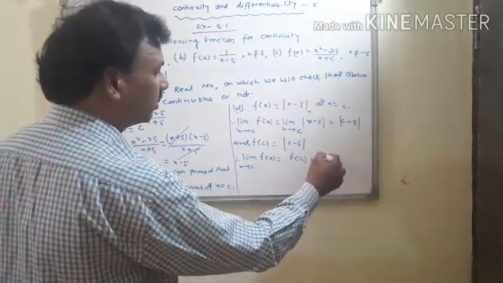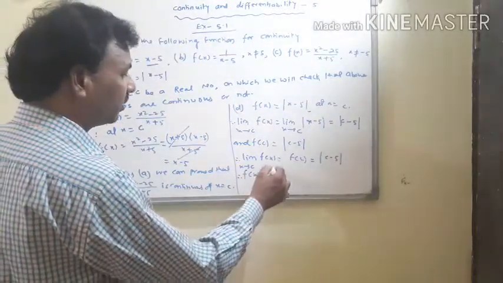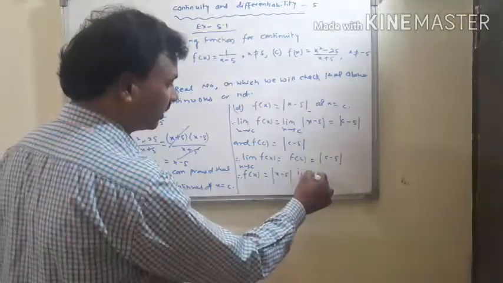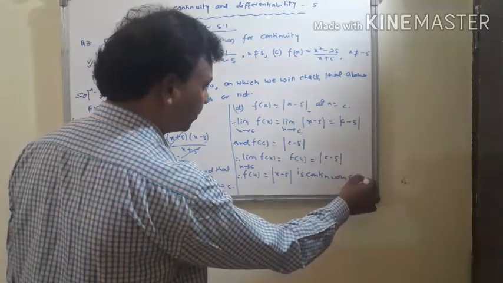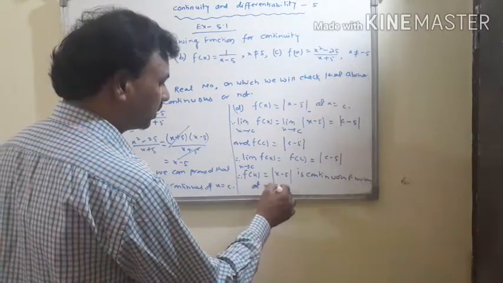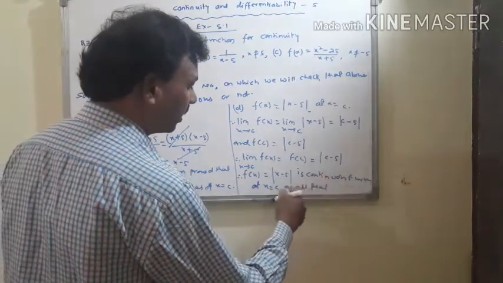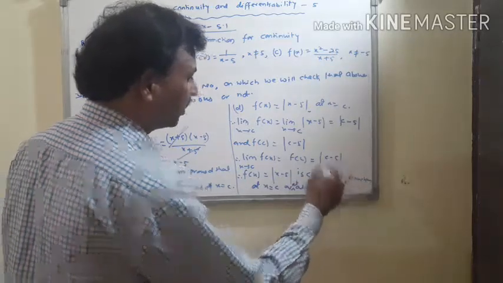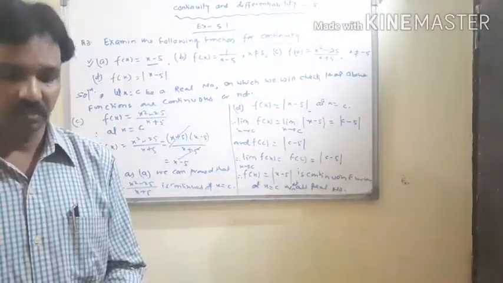Therefore, the function f of x equal to modulus of x minus 5 is a continuous function at x equal to c, for all real numbers. Now in the next video we will discuss the next question of this exercise.